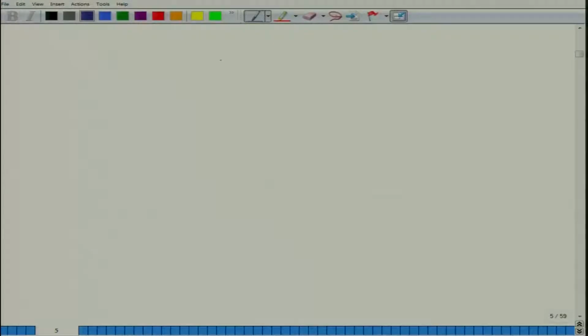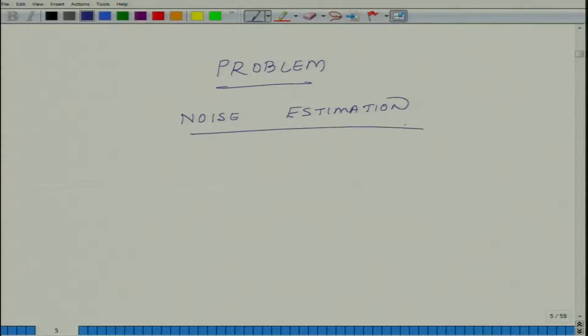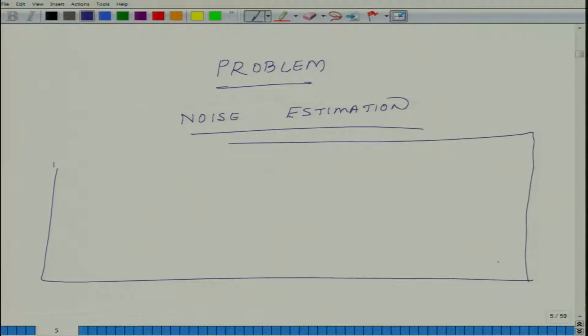So, what is our problem? The basic problem which we are trying to address is noise estimation. So, what does that mean? Suppose you have a closed room and you have all sorts of sources of noise.